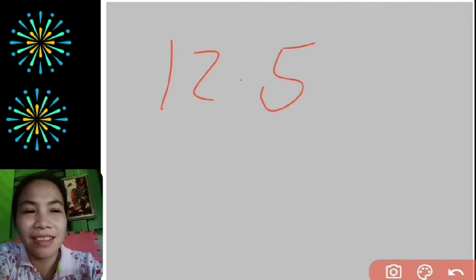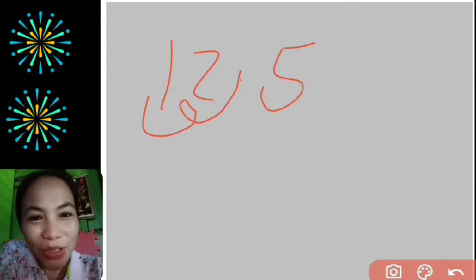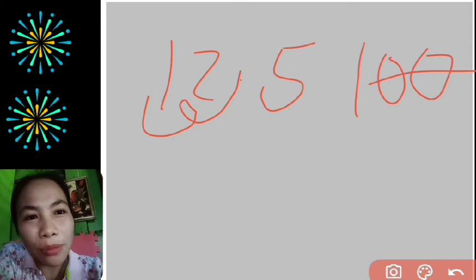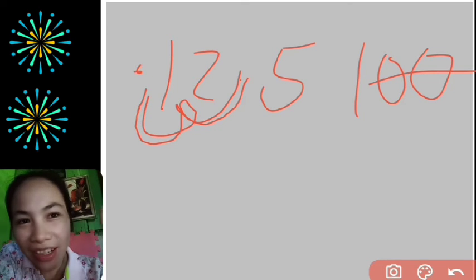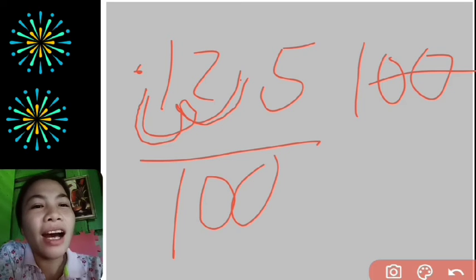times. We can also use this trick. Since we have a decimal here, we move two places from right to left. So we put the decimal here. We don't need to divide by 100.